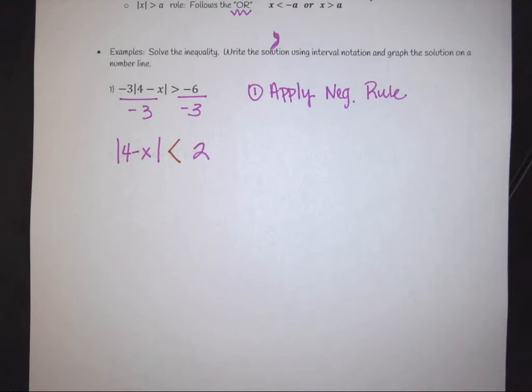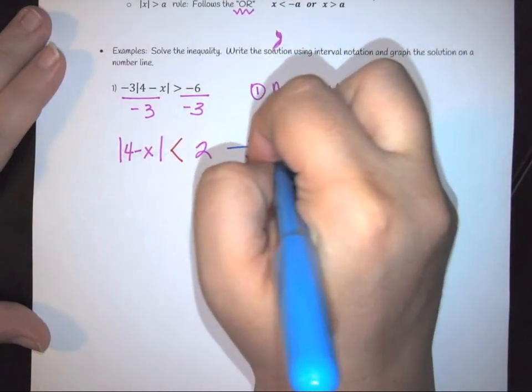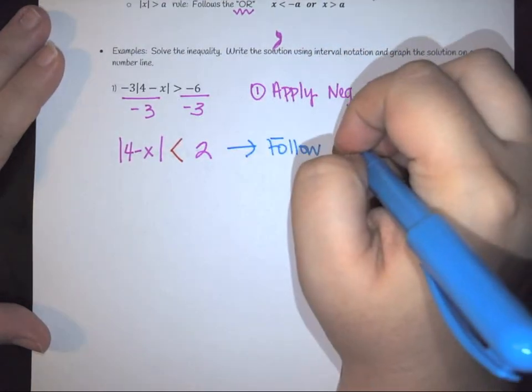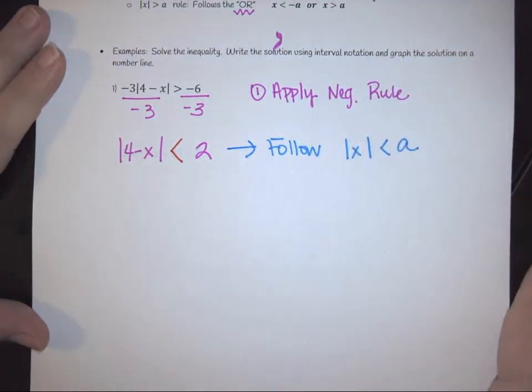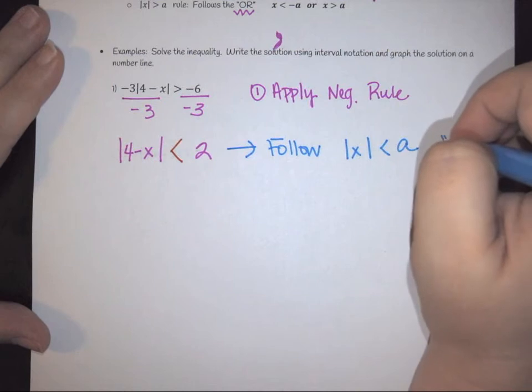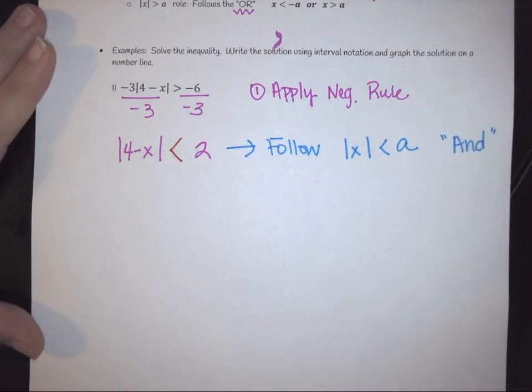Now this next thing that we have to do is look at which rule we are going to follow. Okay? So here what you can see is that this follows the absolute value is less than a. So this means we have an and situation.